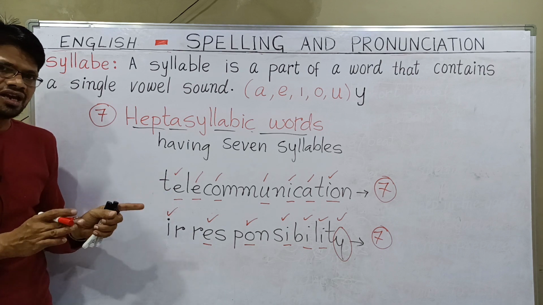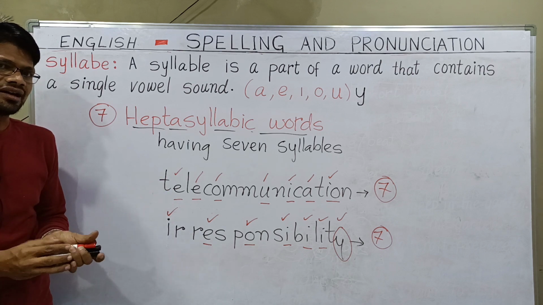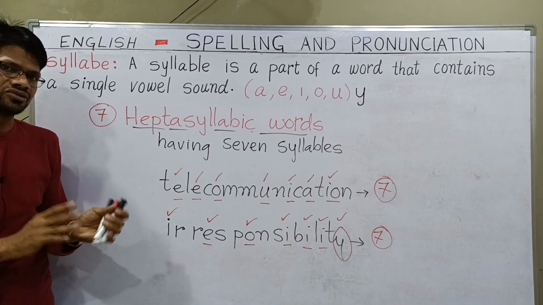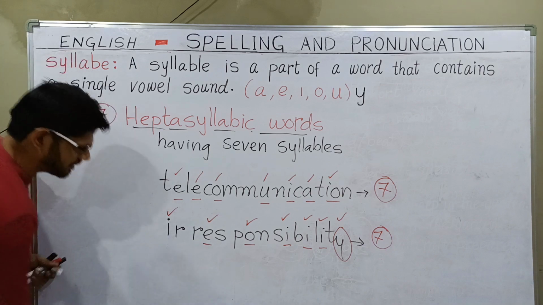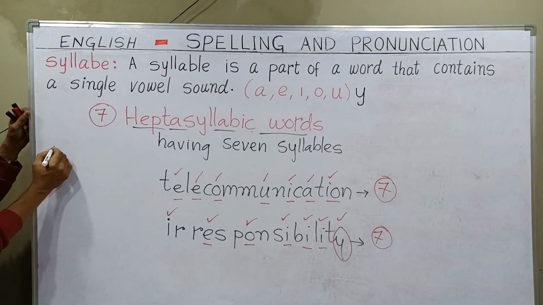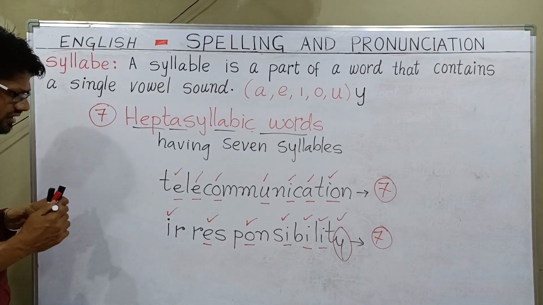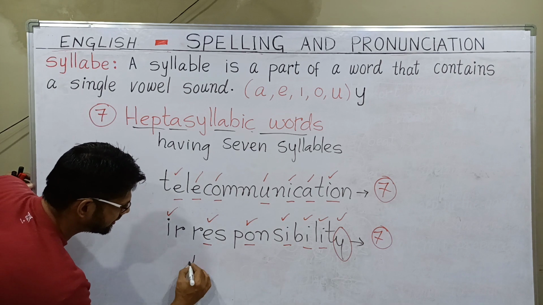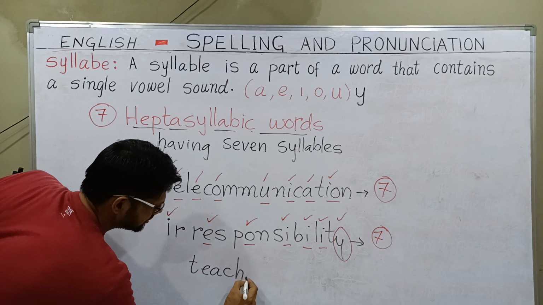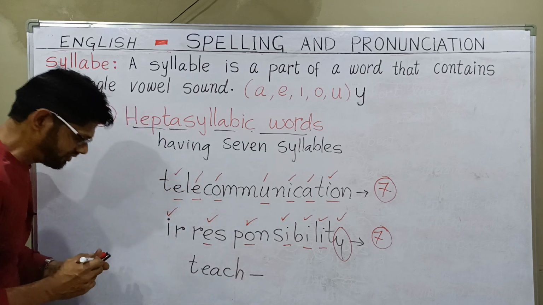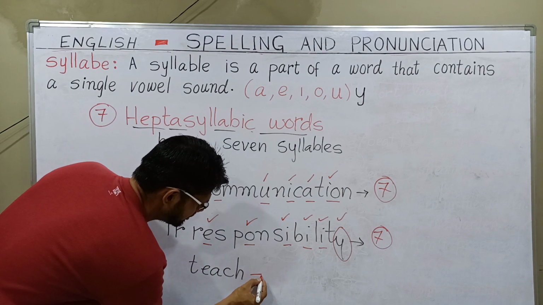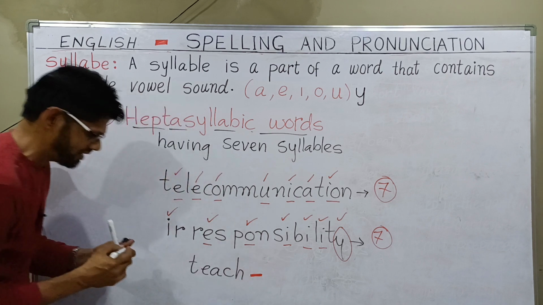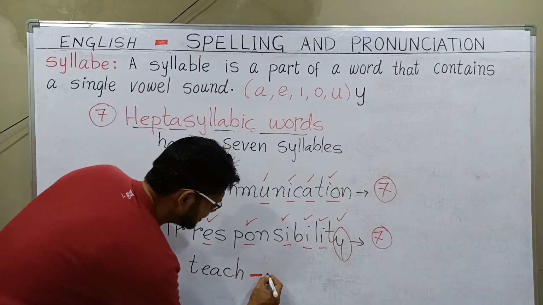We can easily count teacher. By clapping you can understand teacher has 2 syllables. We can write syllables in this manner. If I am writing the word teacher, how can I write? Teach, and we can use a hyphen in between syllables, and write like this, ER.